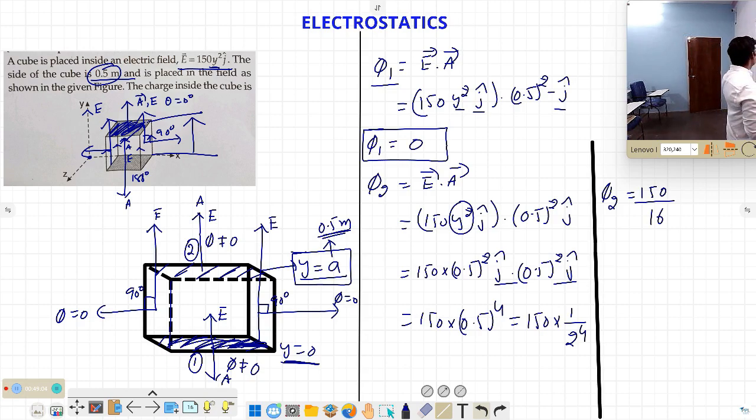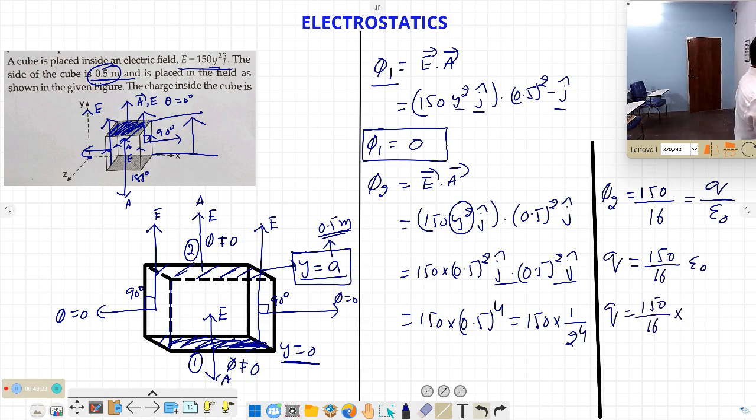But what they are asking is the charge inside. What is the concept of this flux? Flux is equal to q by epsilon naught, where q is the charge enclosed. So I can write the charge as 150 by 16 times epsilon naught. Substituting the value, epsilon naught is 1 by 4 pi into 9 into 10 power 9.